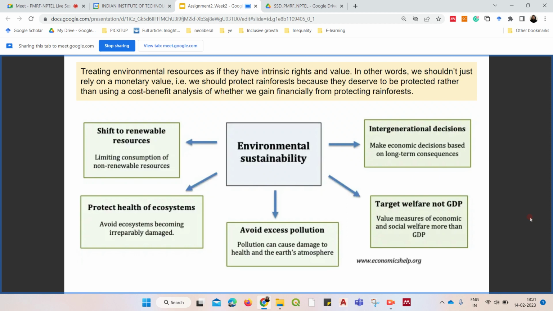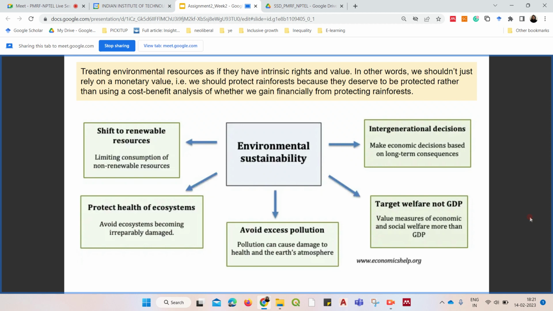And then what kind of resource are we using? Are we using just one resource, so that that resource is getting depleted, and other components of the ecosystem, so other living beings or other elements of the ecosystem who also depend on the same resource, are not able to use that resource because we have taken so much of it, and then the ecosystem is getting poorly affected. All such things affect the health of any ecosystem.